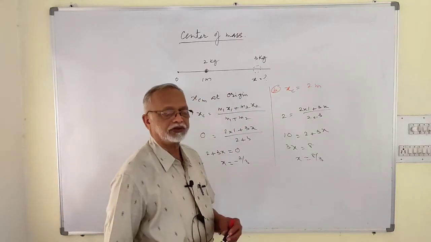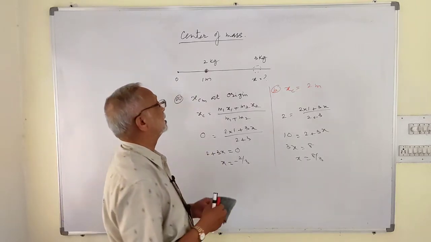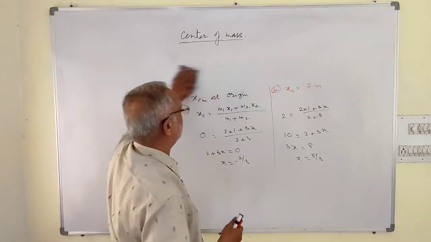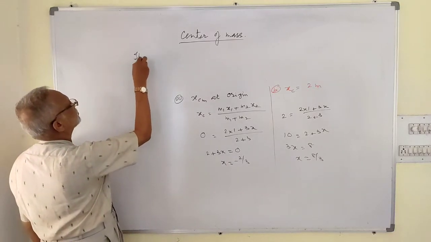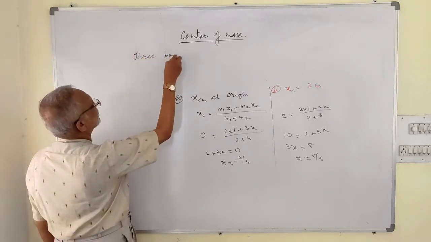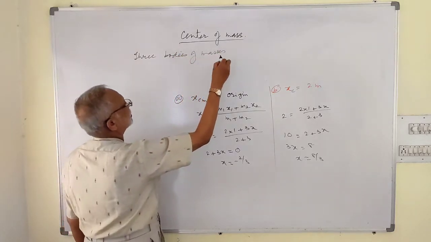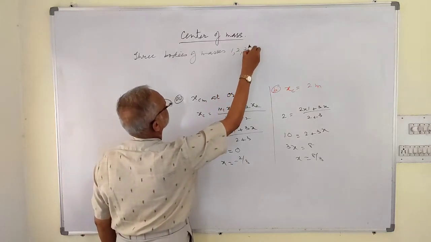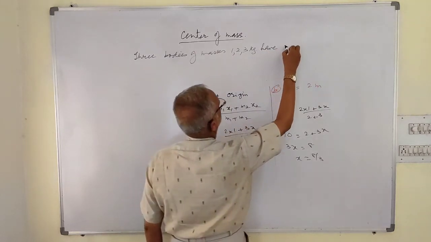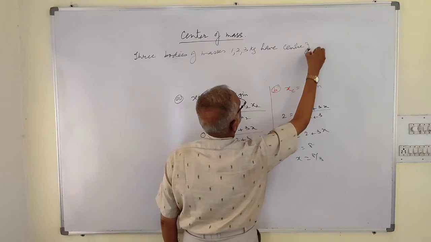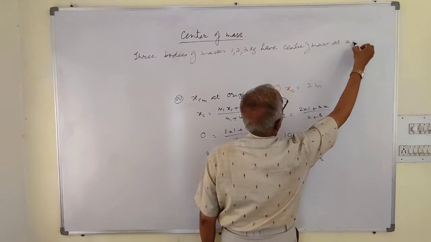Sometimes instead of giving a single body, a system of bodies may be given. A problem may be like this: 3 bodies of masses 1, 2, 3 kg have center of mass at x is equal to 2.